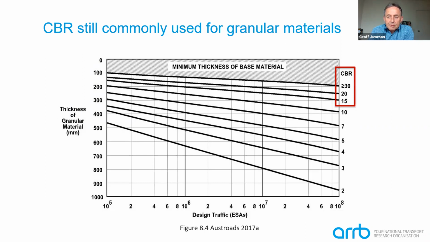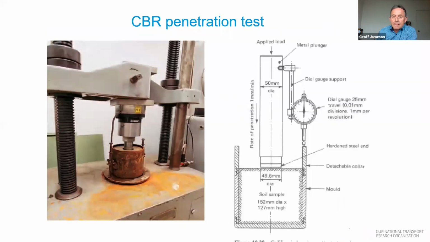So the CBR test is quite useful to classify the material in terms of strength, and therefore know how much cover thickness is required over that material to inhibit deformation of that subbase material under the base course. And again, we saw that previously.